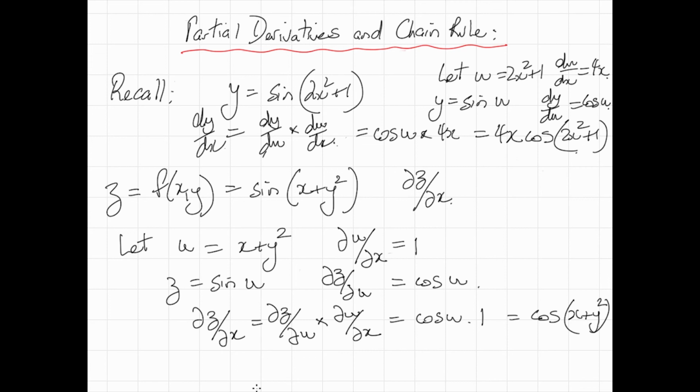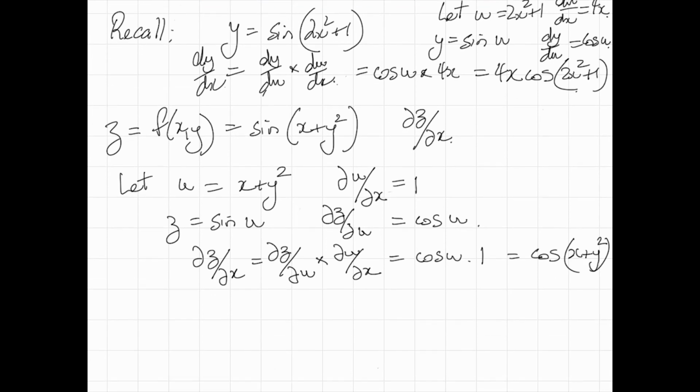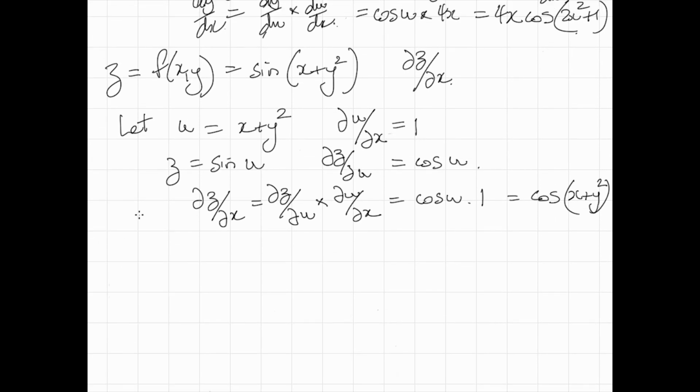Likewise, if we were asked to find partial dz dy, we'd once again let u equal x plus y squared, and so partial du, now we want with respect to y.